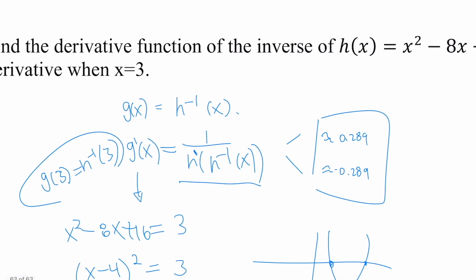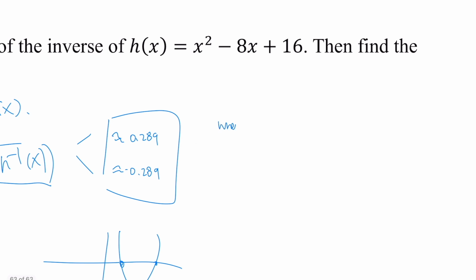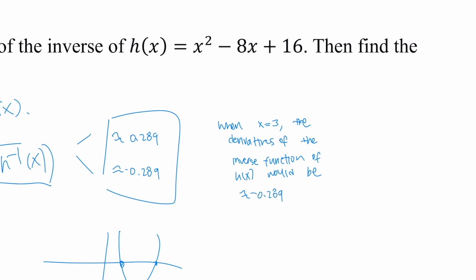Okay, so when x is equal to 3, the derivative of the inverse function of h of x would be around 0.289 plus or minus. Okay, that's it.